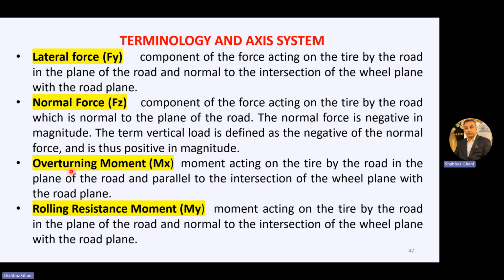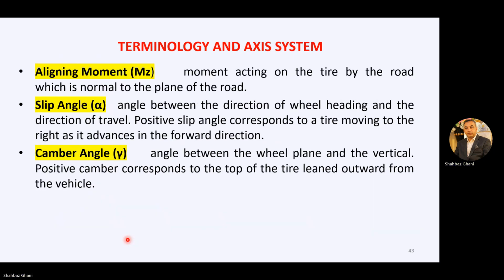Then we have overturning moment Mx, moment acting on the tire by the road in the plane of the road and parallel to the intersection of the wheel plane with the road plane, in x direction. Rolling resistance moment My, moment acting on the tire by the road in a plane of the road and normal to the intersection, not parallel, normal to the intersection of the wheel plane with the road plane.